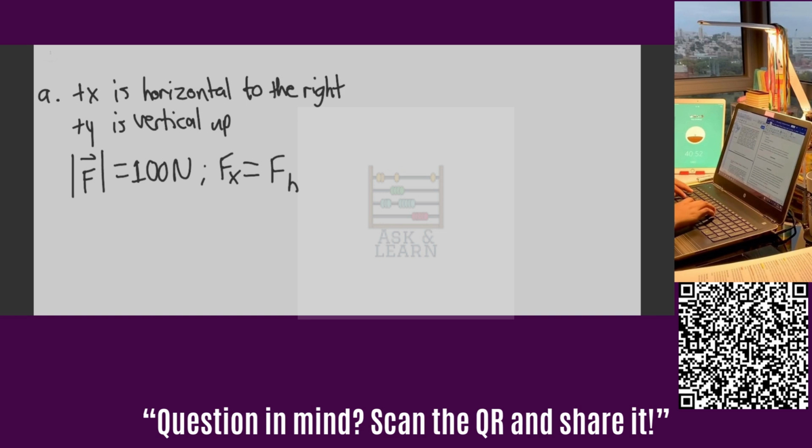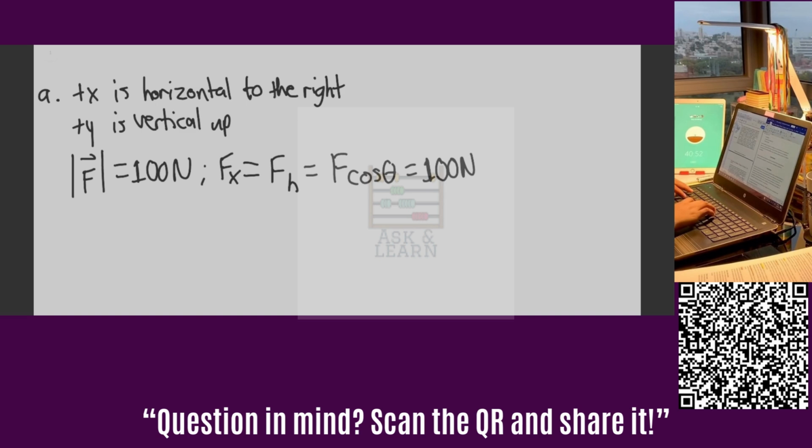So this would be equal to F, the magnitude of the force, times cosine of theta. And we know that this is going to be 100 newtons because the entire force in this case would be in the x direction.